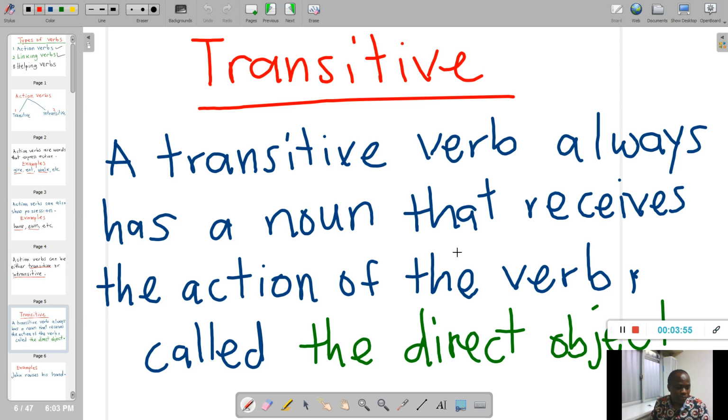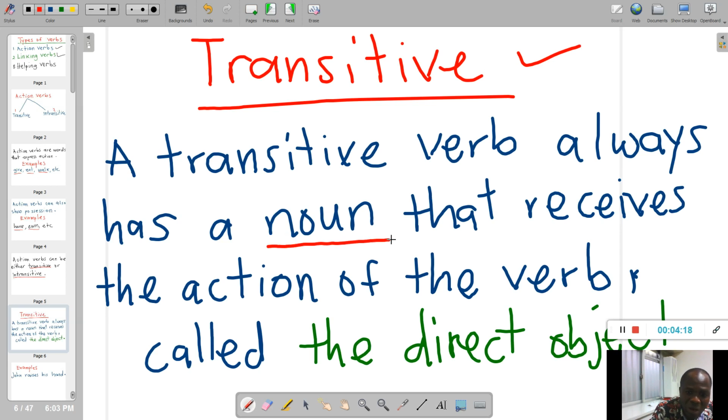Let's continue. The first one we want to look at is transitive. A transitive verb always has a noun.